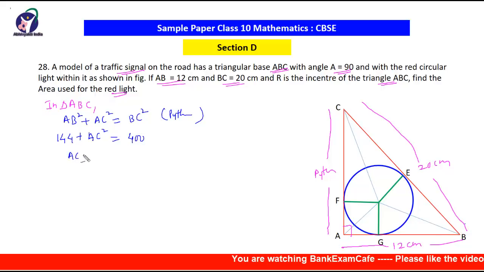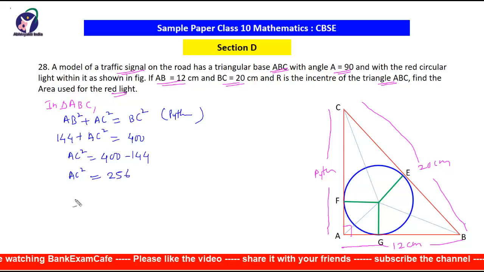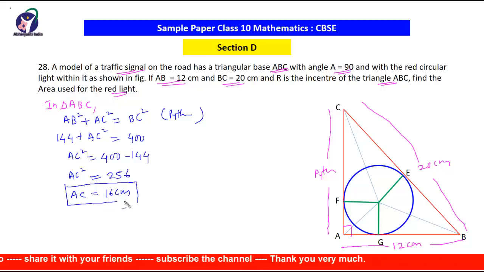So you will get AC square is equal to 400 minus 144 and therefore AC square will be equal to 256. And so taking square root of both the side, AC will be equal to 16 centimeter. This is the first step. Immediately highlight it. You have got AC, so AC you have got as 16 centimeter.